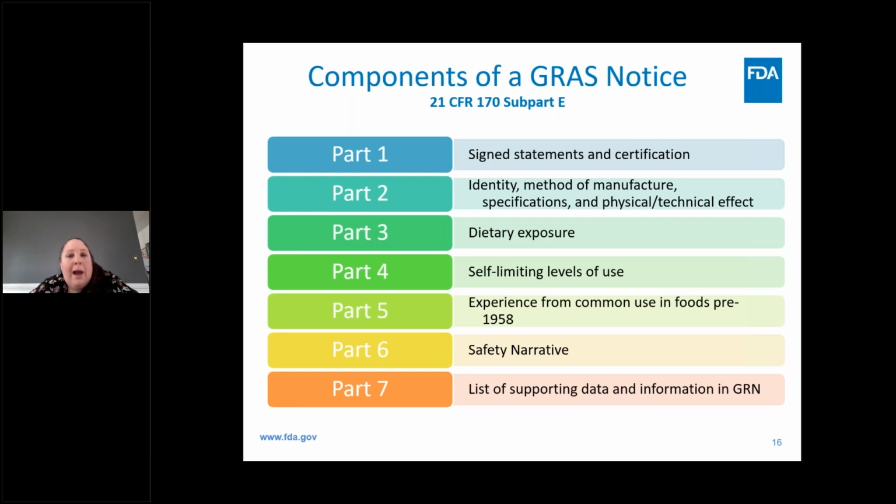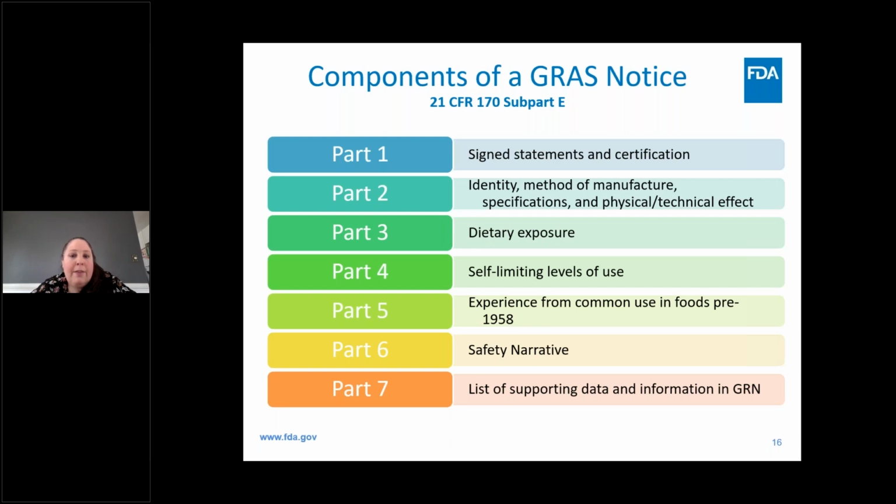So we've discussed the two paths to GRAS and the requirements for the data that are included in the submission. So this slide details what else is included in our GRAS notices. And quite frankly, it's very similar to what we would see in a food additive petition. Companies will provide information on the identity, the manufacturing specifications, dietary exposure.